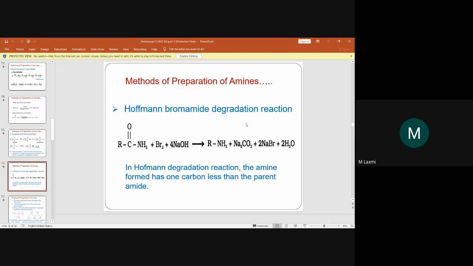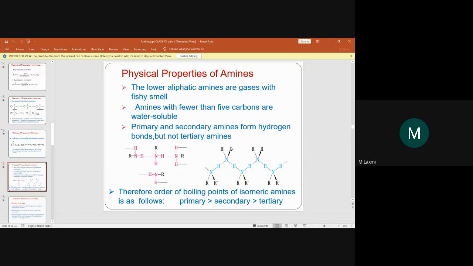You started with RCONH2 and ended up with a primary amine, plus sodium carbonate, plus sodium bromide, plus water. So Hofmann bromamide degradation means preparation of amine from amide and bromine, where the product amine will be one carbon less than the parent.